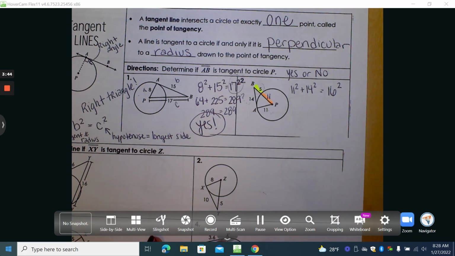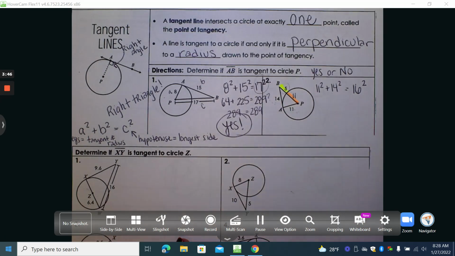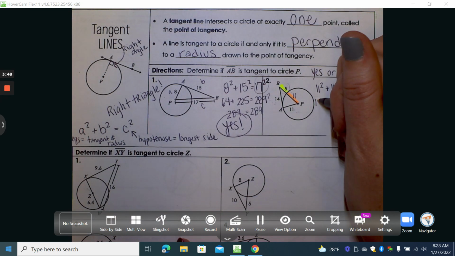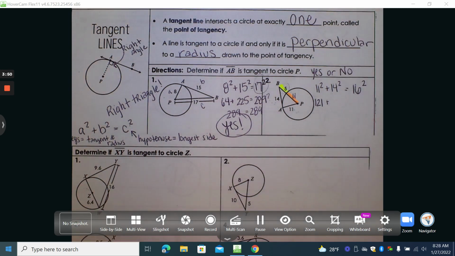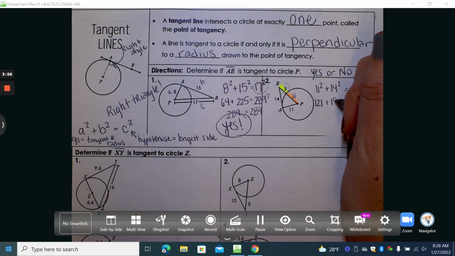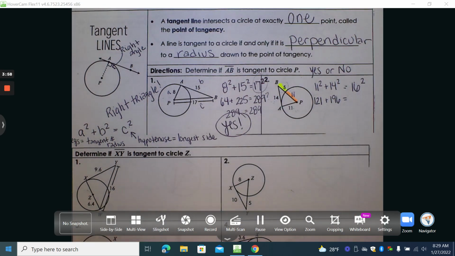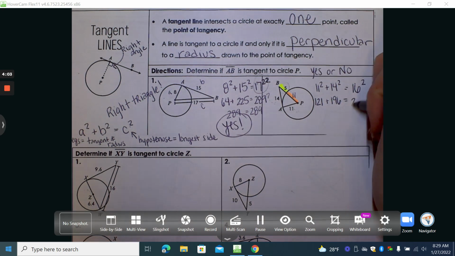But let's go ahead and solve this just like we were before. A squared plus B squared equals C squared. 11 times 11 is 121. 14 times 14 is 196. And 16 times 16 is 256.